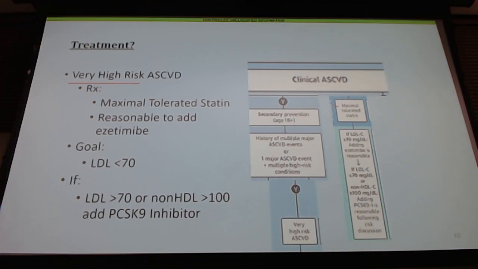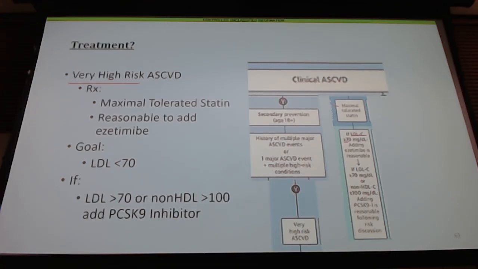Give them a couple of months, then come back and let's recheck their LDL. But this time, instead of less than 100 being our goal, it's actually to have it less than 70. Okay, so we're being even more aggressive in lowering that LDL level. If it remains above 70 and they're on that maximally tolerated statin, then go ahead and add ezetimibe.